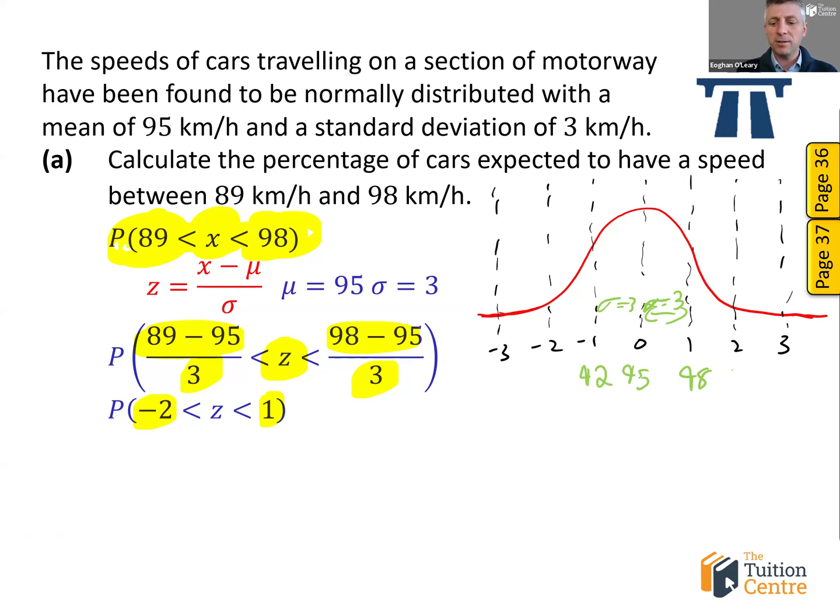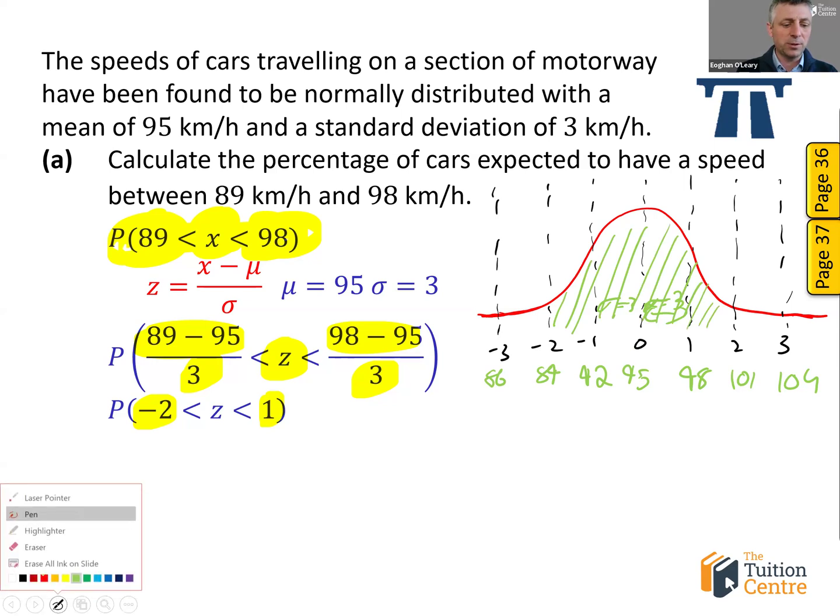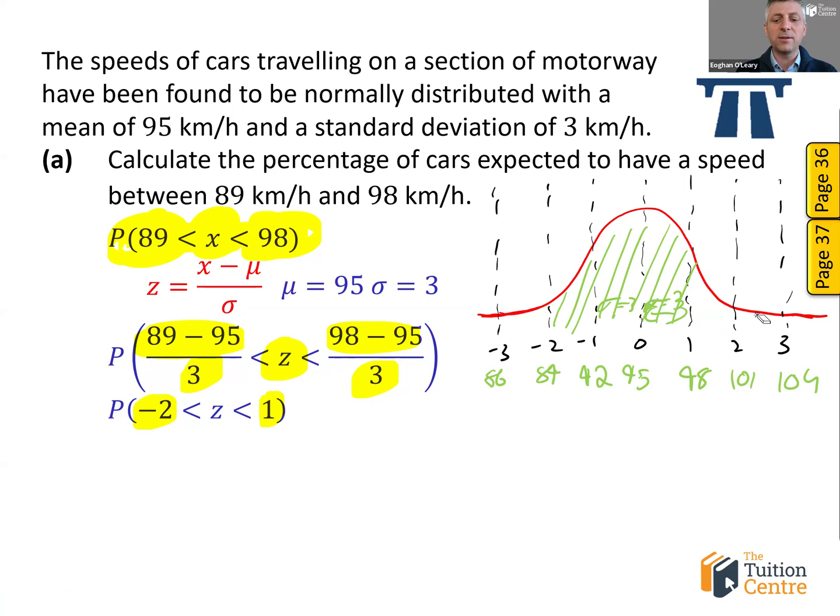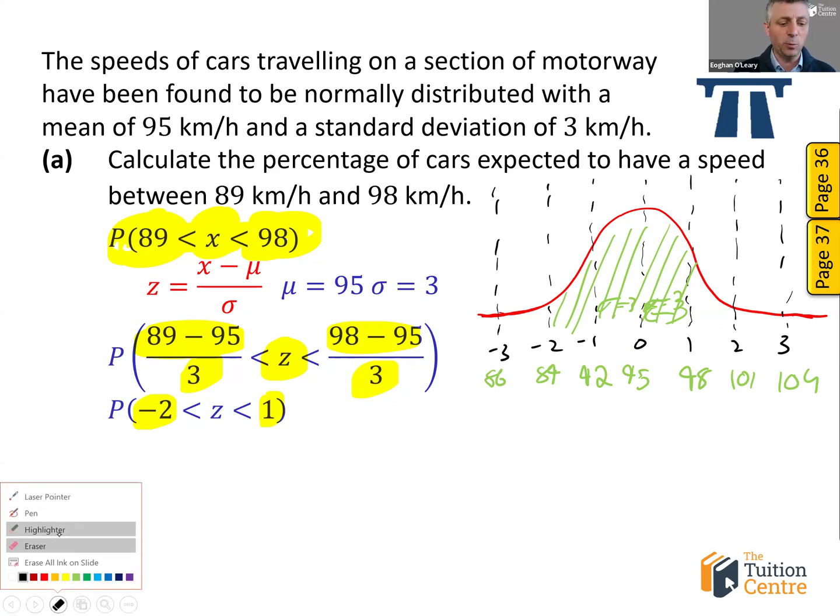Another above, I'm up to 101. Another below, down to 89. Another above brings you to 104, another below to 86. So it's clear that what we're looking for is the probability that any car would be between 1 standard deviation above the mean and 2 standard deviations below the mean.